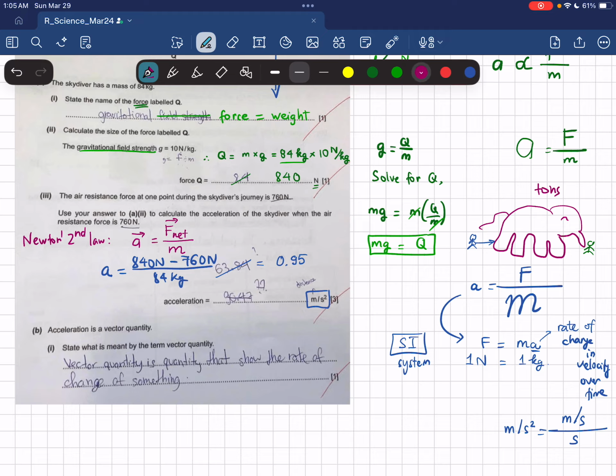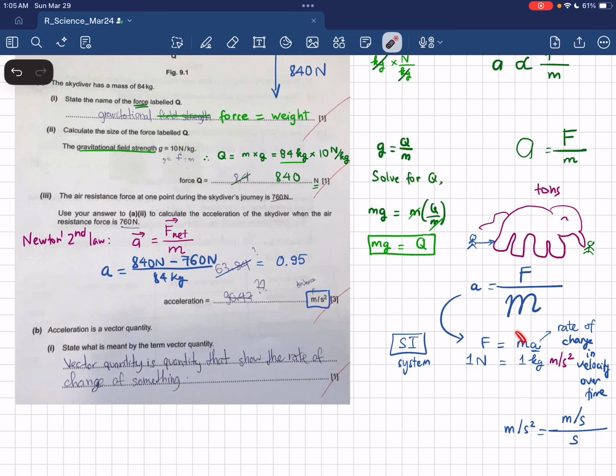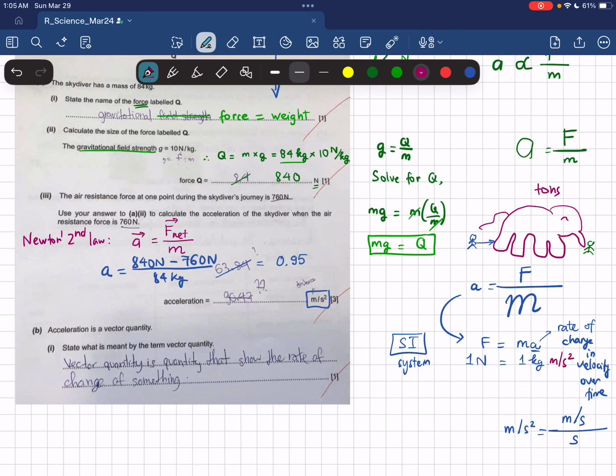So here this is meter per second square. It means that if you have the mass given in grams or in tons, then you have to convert it into kilogram in order to get the acceleration in meter per second square. Okay, so this is the unit, meter per second square. So this is the final answer.